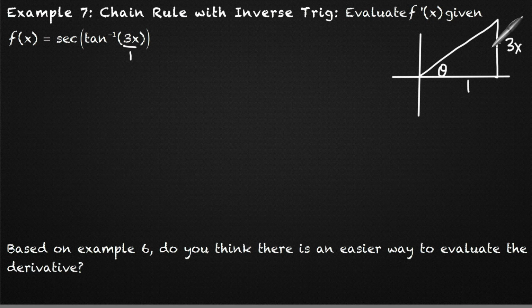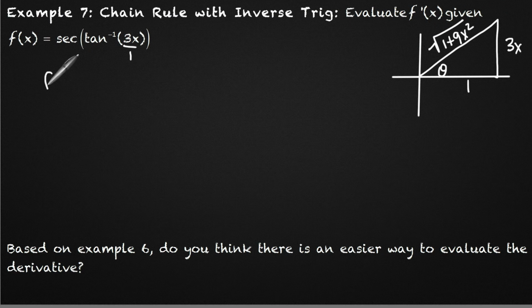So an opposite over adjacent, that's going to be the tangent of some angle theta. When we do the Pythagorean theorem, this is going to give us the square root of 1 plus 9x squared. Now, what is the secant of that angle? Well, the secant of the angle is going to be hypotenuse.